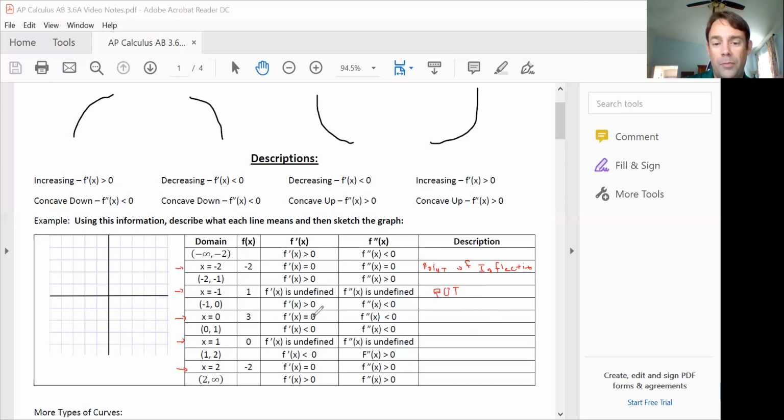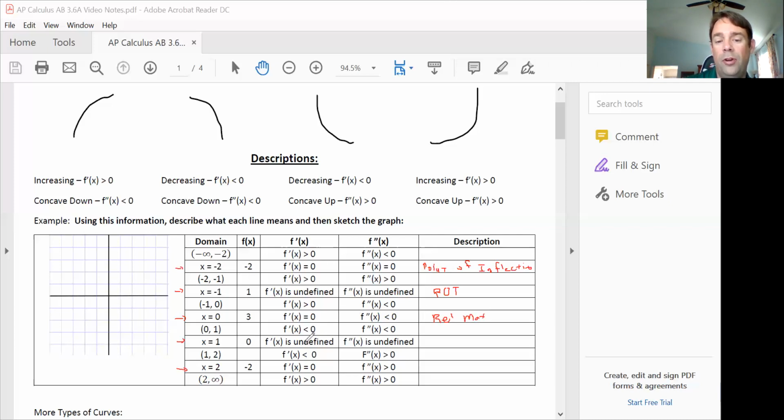At 3, critical number, notice my first derivative changed signs from greater than to less than, so it's a relative max. Or I could use the second derivative test and notice a critical number where the second derivative is less than 0. So that makes it a relative max. Somehow when I combine these pieces, this is all going to pop out.